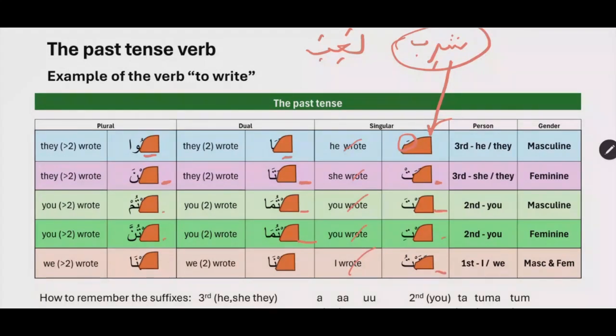All right. So you can see how shariba can fit into this same table. You get 15 words coming out of this root word shariba, giving you the person, gender, and number of that action.